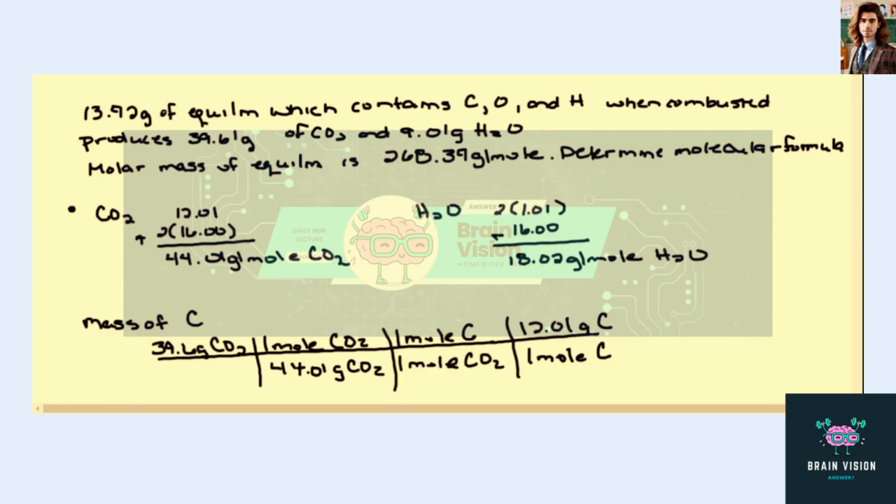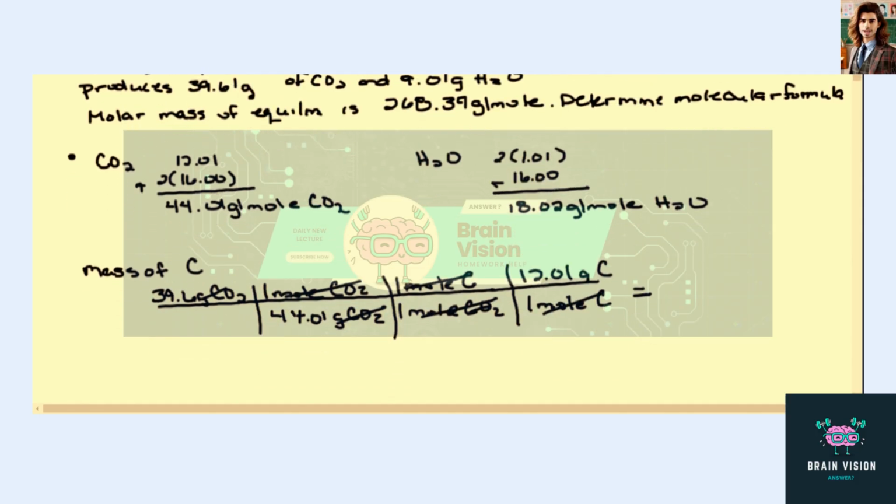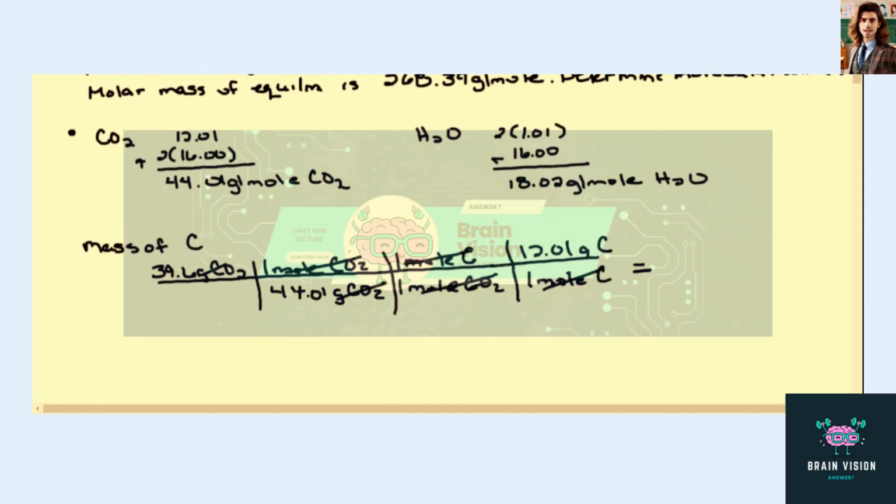So grams of CO2, mole of CO2, mole of carbon, and we're left with grams of carbon. So that's how we find the mass of carbon. And so the mass of carbon is 10.81 grams of carbon.